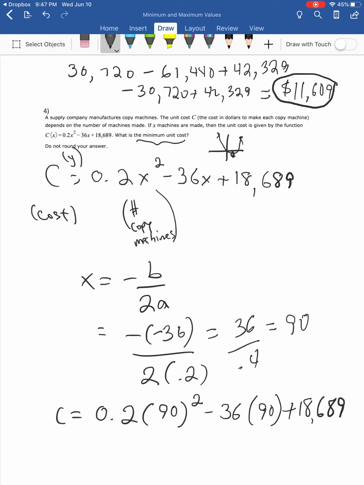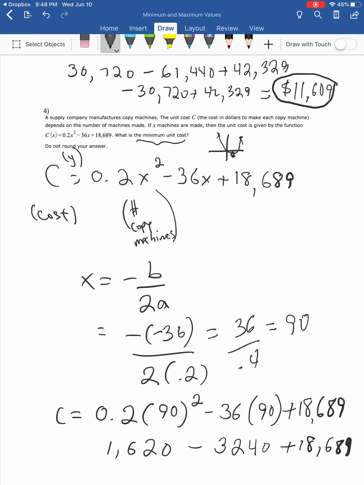Okay, so I get 1,620 minus, what's 36 times 90? 3,240 plus 18,689.